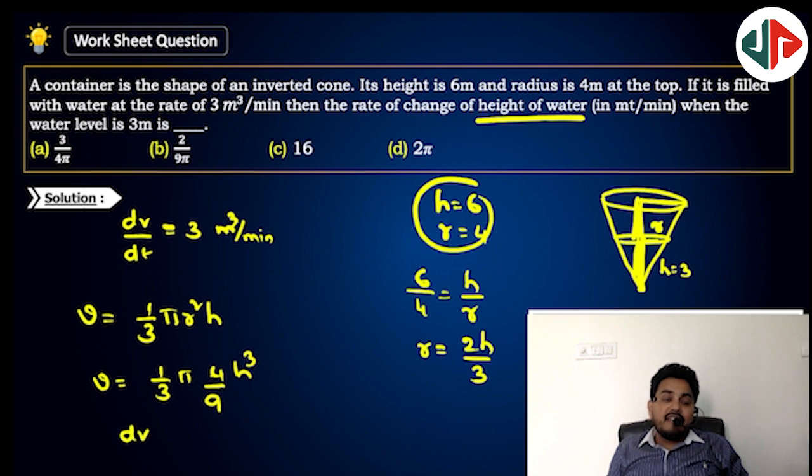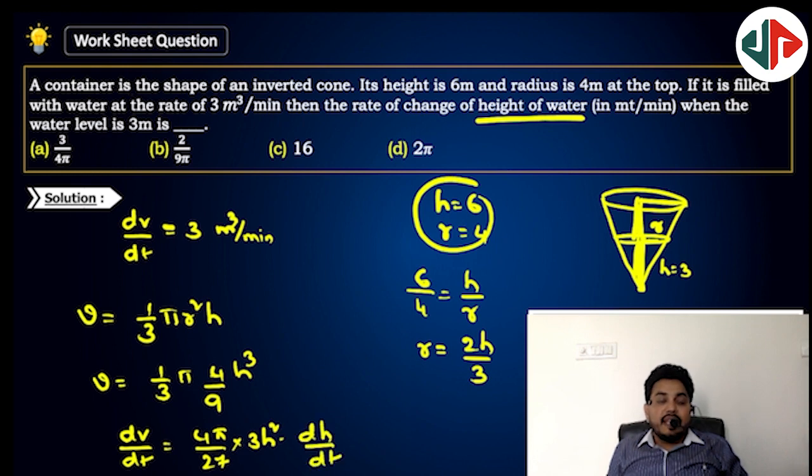So dV by dt is equal to 4 pi by 27 into 3h square into dh by dt. h is given and dV by dt is given as 3. So 3 ones are 3, 3 nines are 27. So you need to substitute the values to get the final answer.